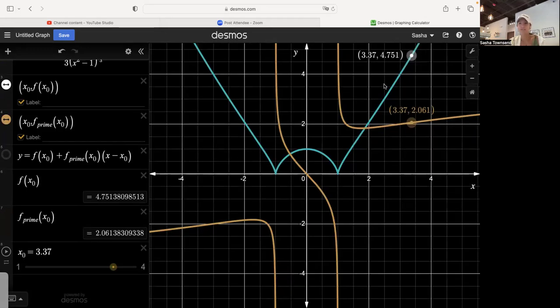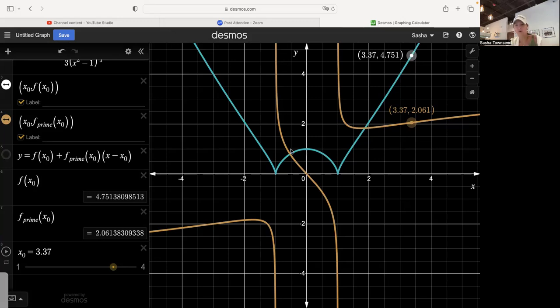This teal graph is the original function and the orange graph is the derivative. The tangent lines are all negative here, so the derivative has negative values. The tangent lines all have positive slopes here, so our derivative values are positive.